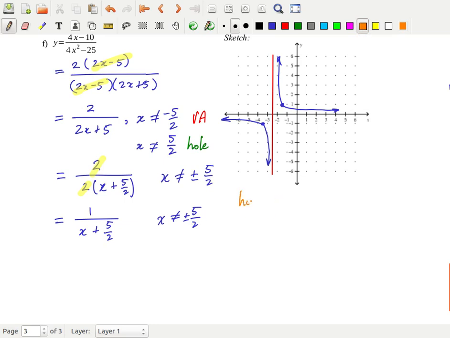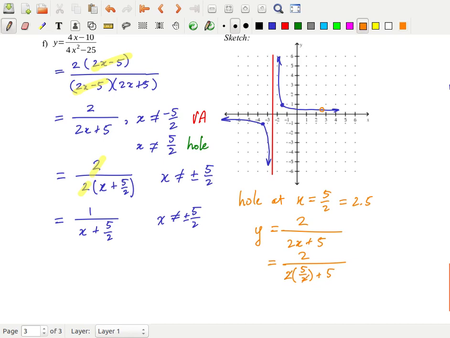So we have a hole at x equals positive 5 over 2, which of course is the same as 2.5. So over here at 2.5, I have a hole. And what's the y coordinate of that hole? 2 over 2x plus 5 becomes 2 over 2 times 5 halves plus 5.